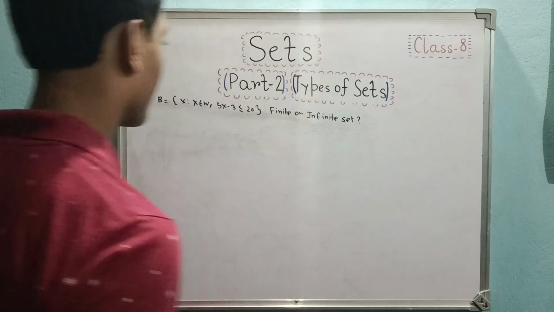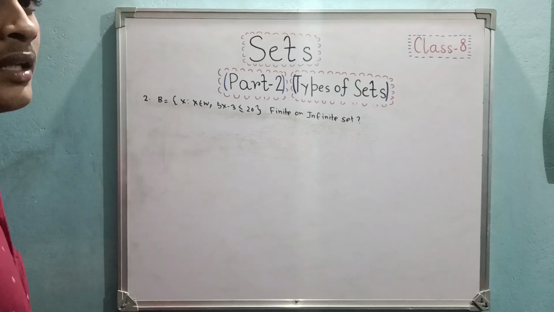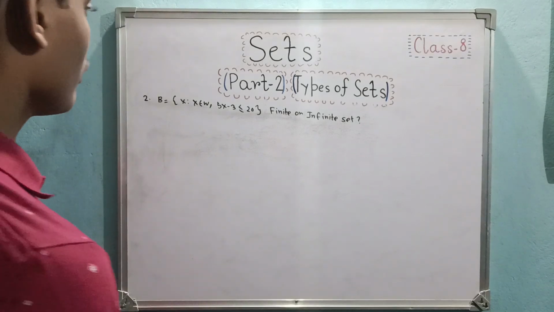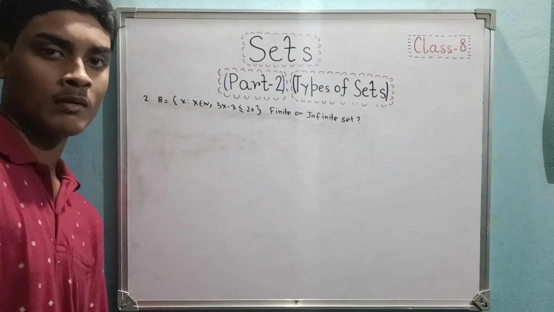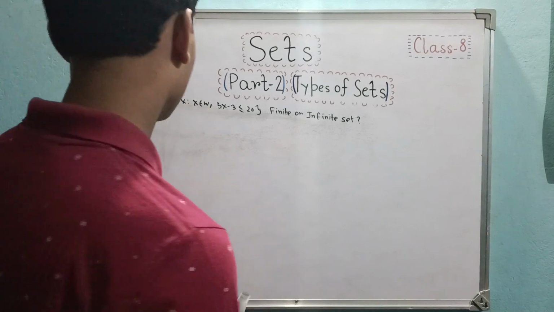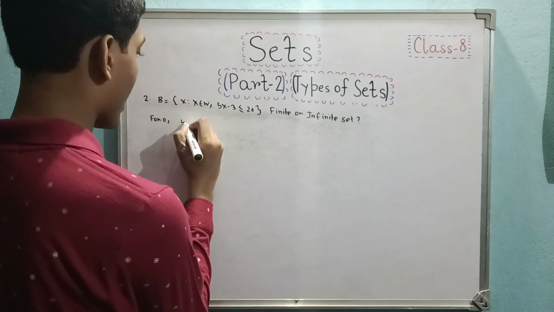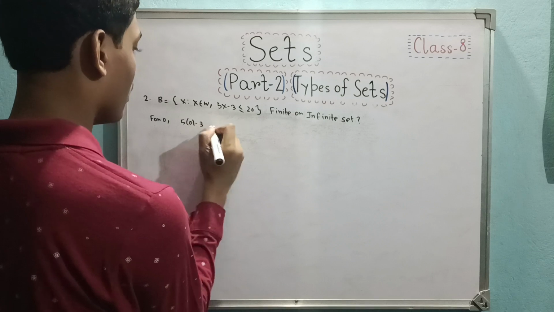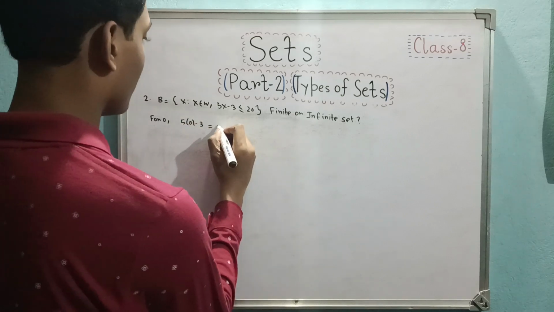Okay. So guys, 5x minus 3 is less than or equal to 20, right? So this is a set for whole numbers. If I take 0 as the first whole number, what does it become? For 0, 5 into 0 minus 3, which is equal to minus 3.